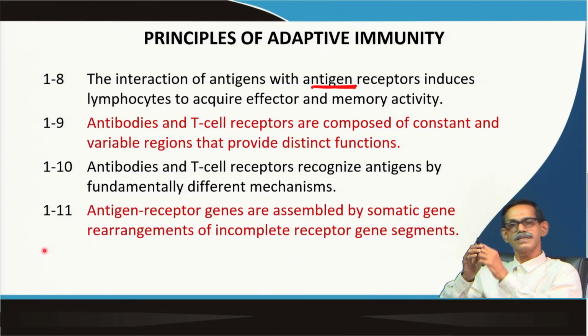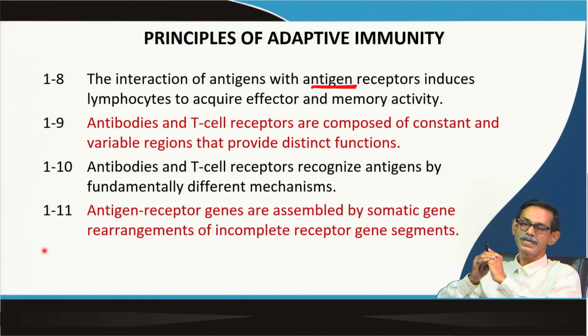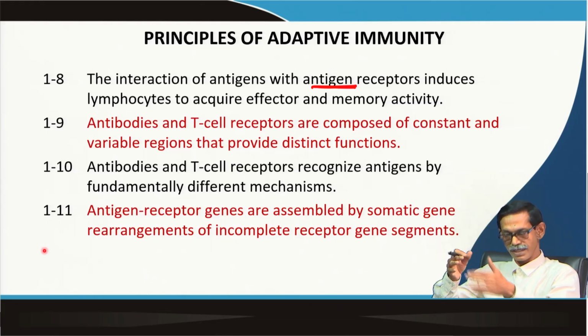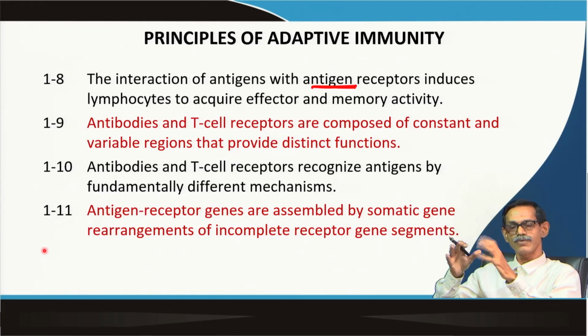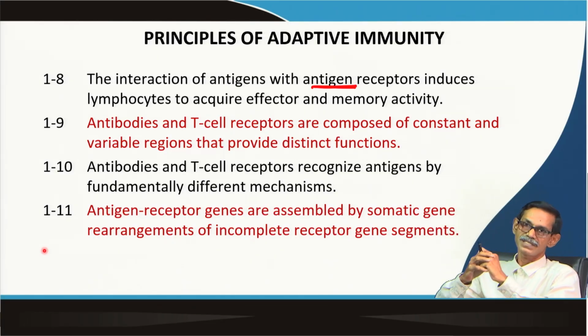Antigen is a molecule, it may be a small molecule or a big molecule. By definition, anything an antibody can bind is an antigen. And what is an antibody? An antibody is the protein molecule produced by B cells, which you will see very soon in a quick presentation. Antibody has an antigen binding site by which it can bind antigen.